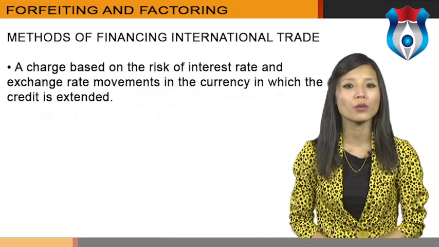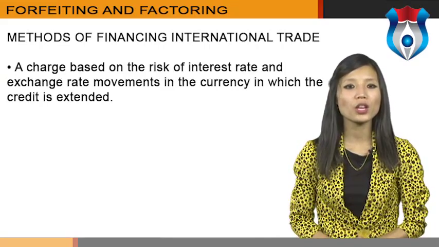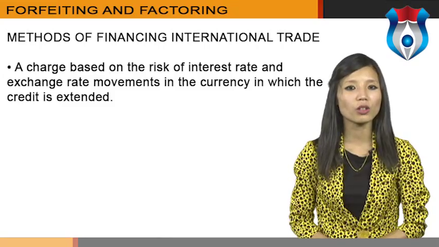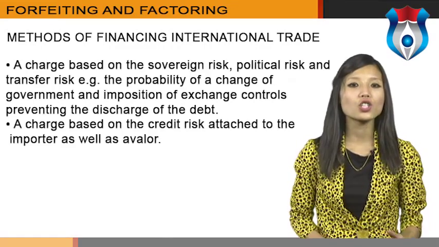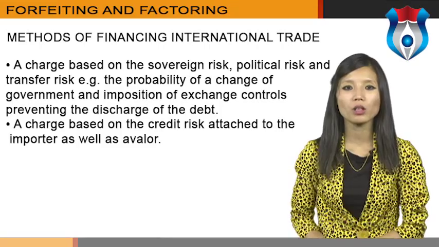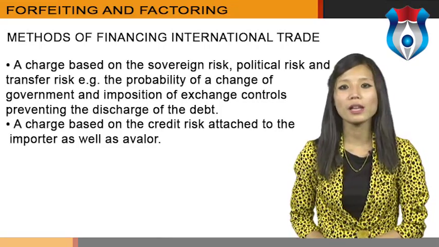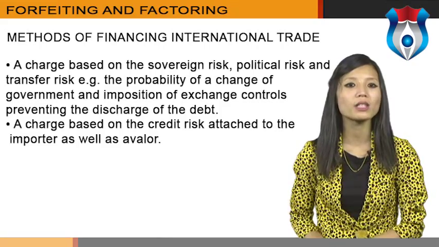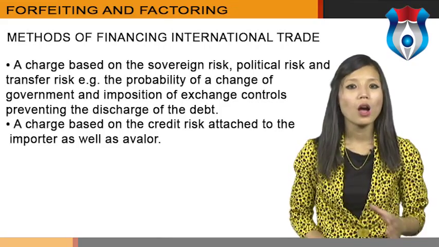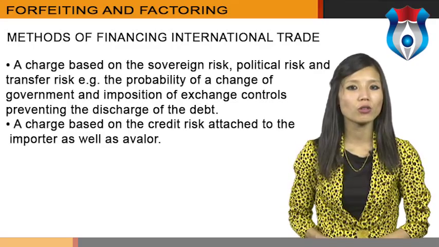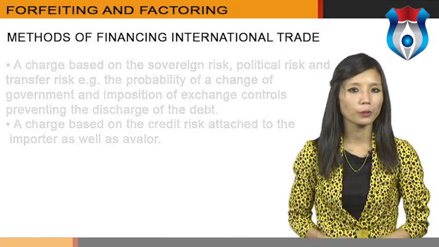A charge based on the risk of interest rate and exchange rate movements in the currency in which the credit is extended. A charge based on the sovereign risk, political risk and transfer risk, for example, the probability of a change of government and imposition of exchange controls preventing the discharge of the debt. A charge based on the credit risk attached to the importer as well as avalor.